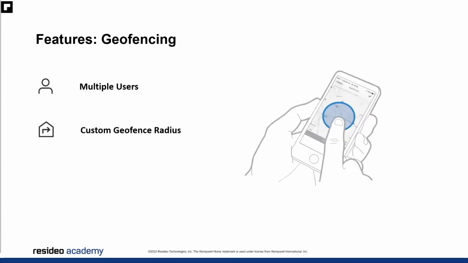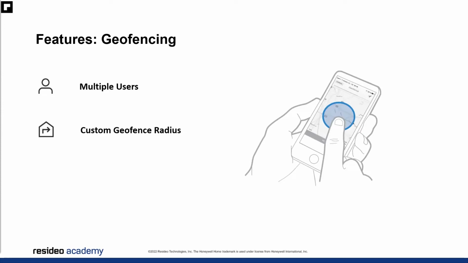One feature I really like is geofencing. My schedule is never the same as someone who travels a lot, and I do a lot of training, in and out of the house. So always on the go. And this is great whether you're by yourself or you have multiple users, we've got you covered there. If you have multiple users, that's not a problem.